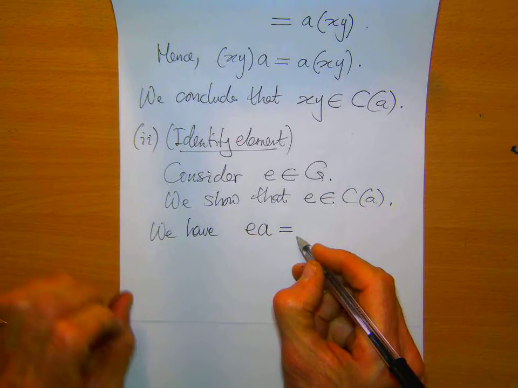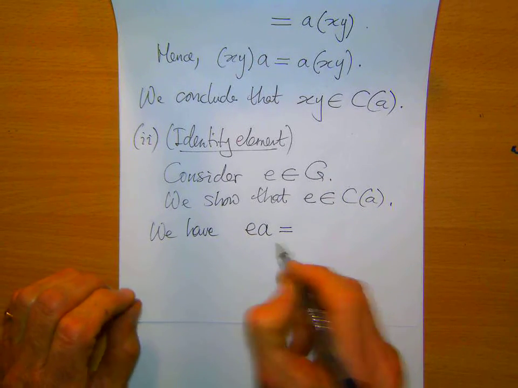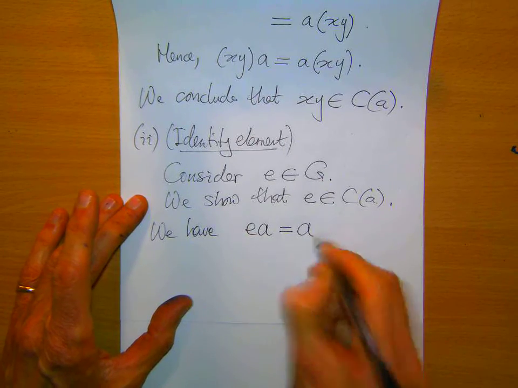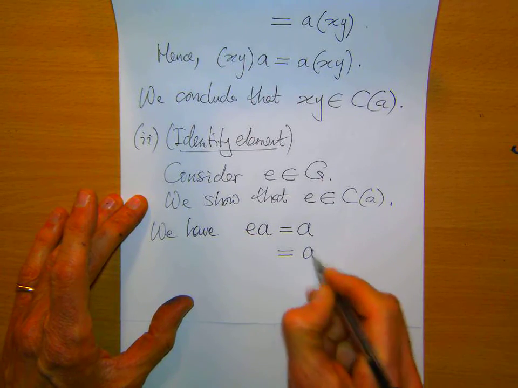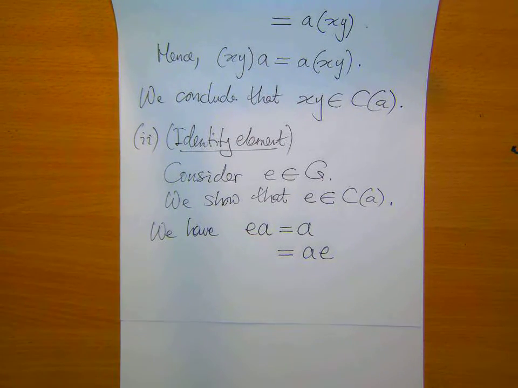And I'm going to use both the fact that it's left identity and the right identity. This is very easy. So that's just because e is the identity element.